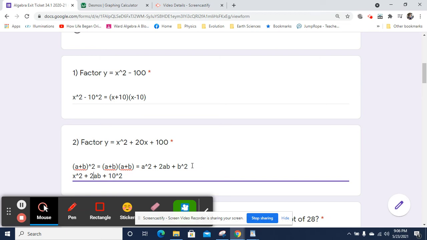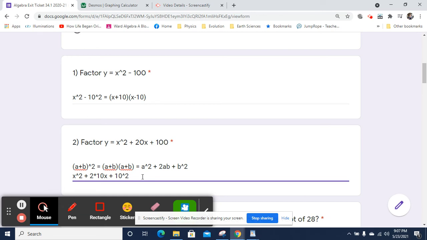And then my question is, what do I get if I multiply 2 times x times 10? So if b is 10 and x is a, I'm going to move that x over here, and I'm going to get 20x. So that actually fits the bill. That's what I needed for my middle term.